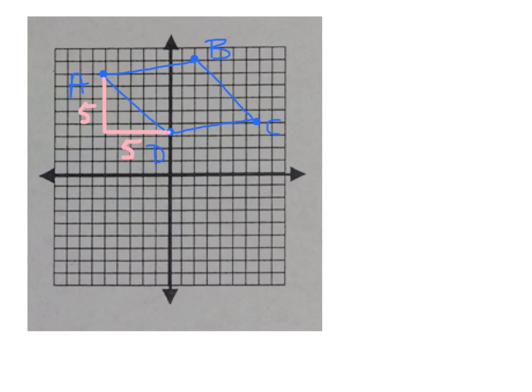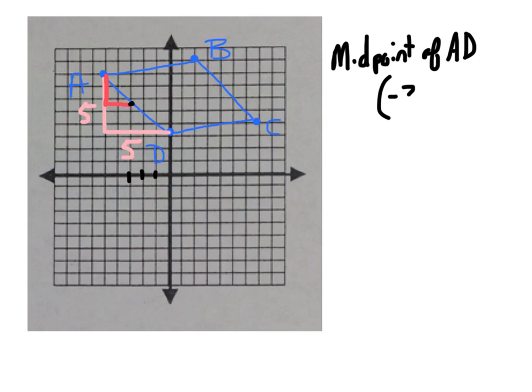And if I want to find the midpoint, I would go down 2.5 over 2.5 to locate the midpoint. The midpoint would be right where that black point is, and the midpoint of AD would be the coordinates negative 3, comma 5.5.